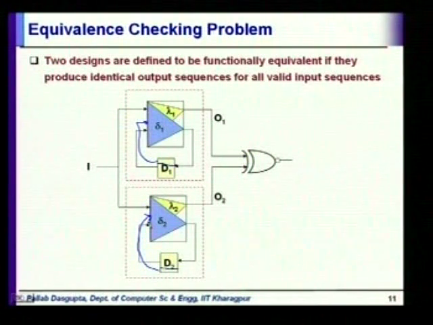Now, we will tie these two together and then remove this and remove this. Because we know that these two registers correspond to each other, we tie up the outputs of the corresponding registers and then feed that into the places where the original registers were feeding.